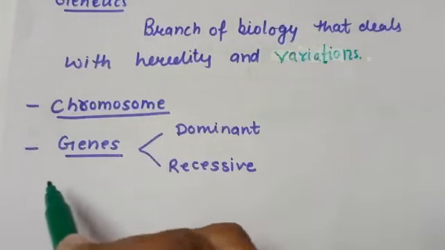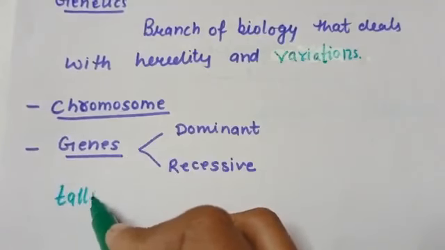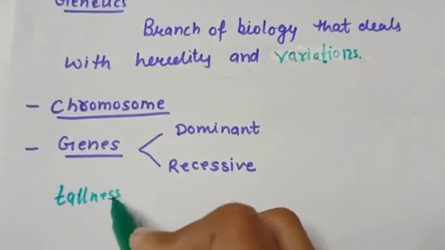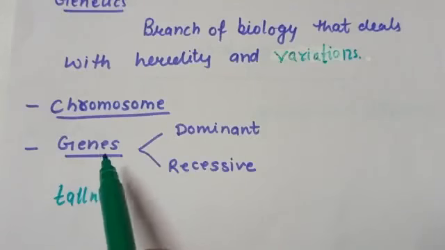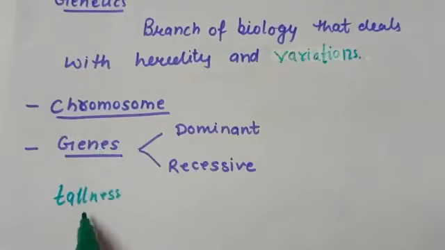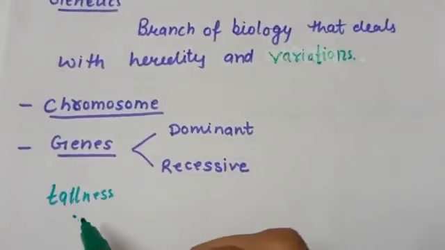if we say that tallness is one characteristic. Now, tallness is controlled by the genes only; a particular kind of gene will control the tallness of the individual. Now, I told you letters are used to represent genes.